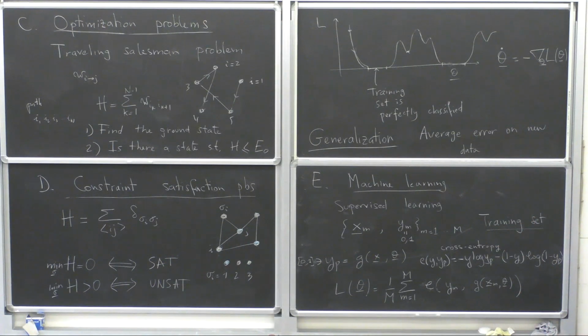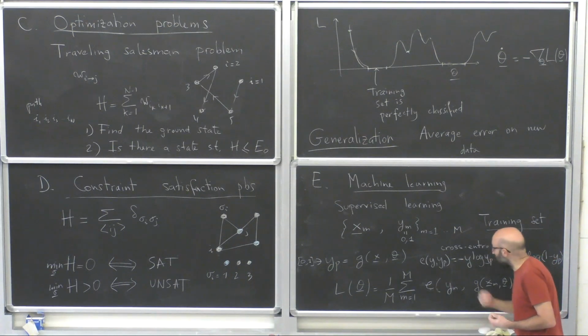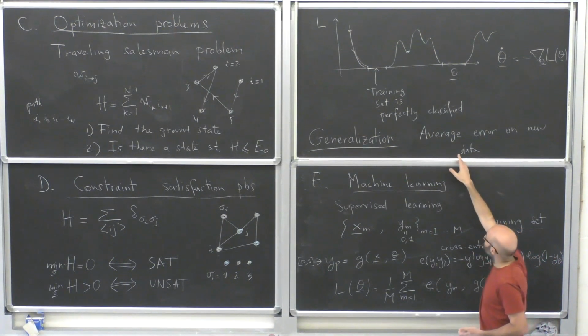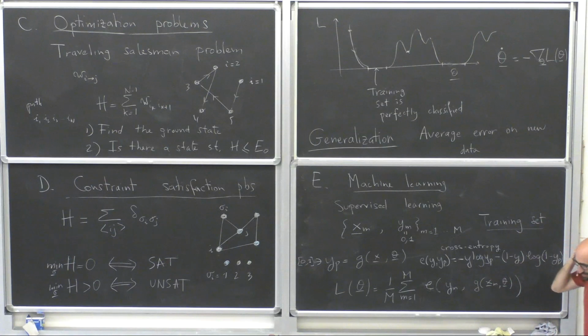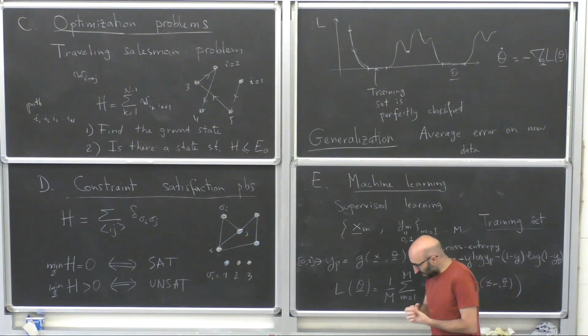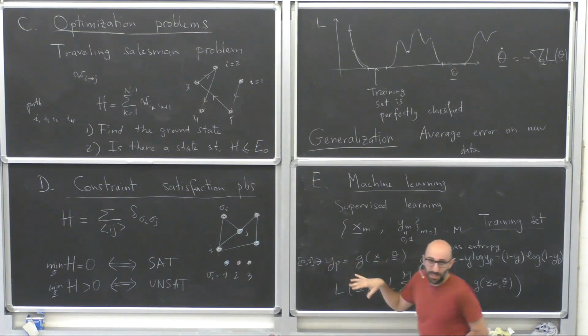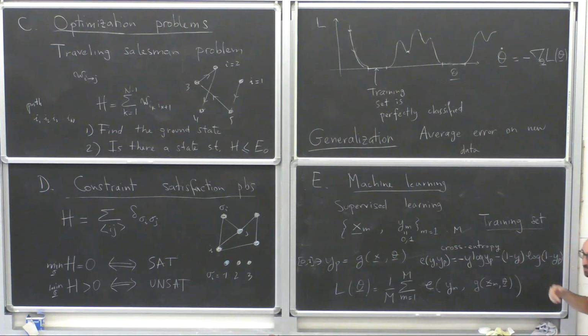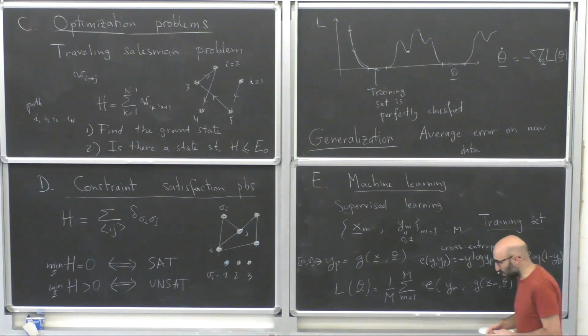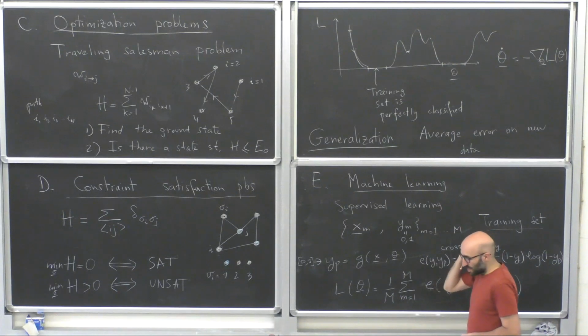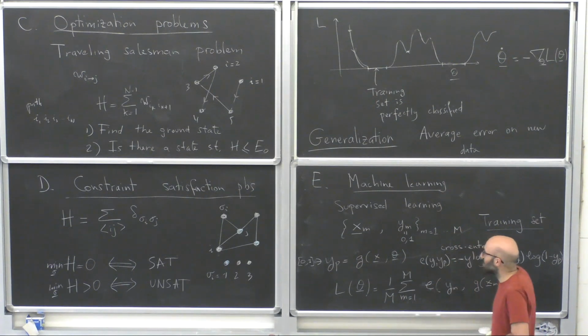So the question is, can you guess something about the generalization properties from the loss? I will not have time to discuss this a lot, but already in the toy model that I will introduce, the perceptron, there is the possibility to play with this and to study generalization. I can give you references.